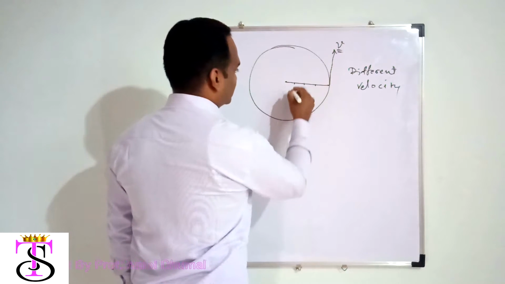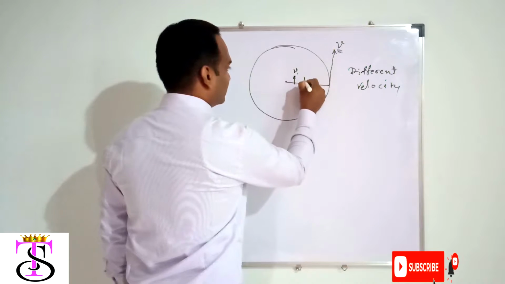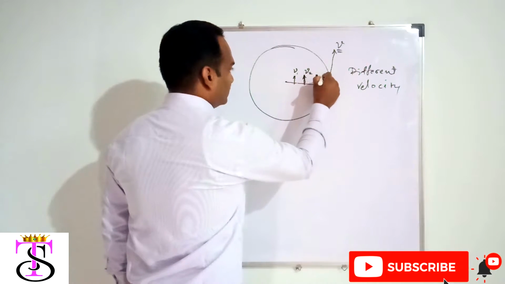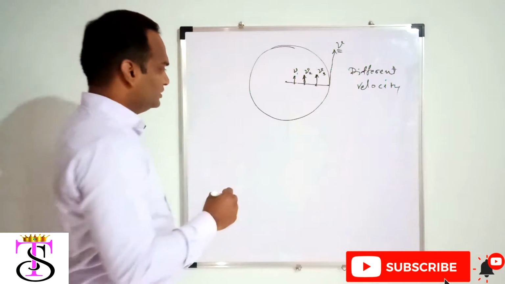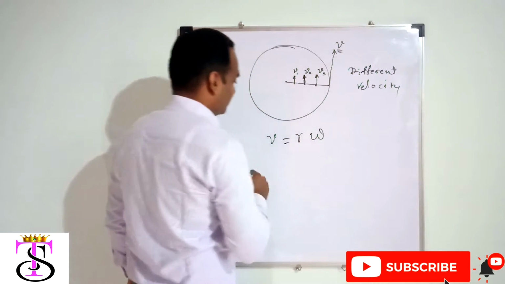In rotational motion, every point has a different tangential velocity, because we know that the velocity v is given as r omega.